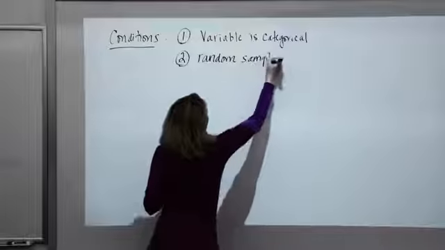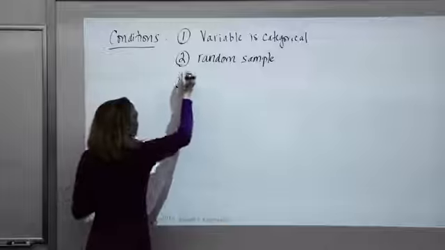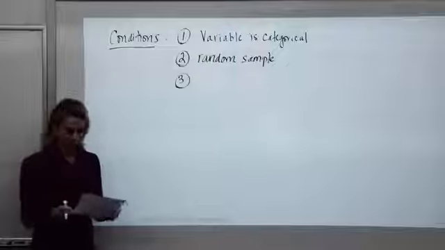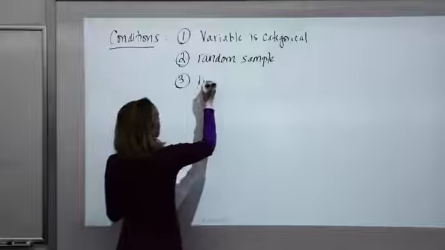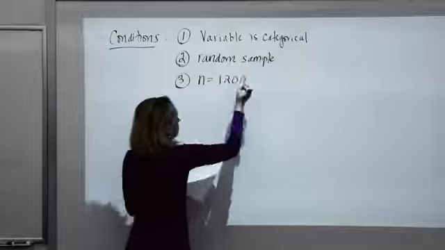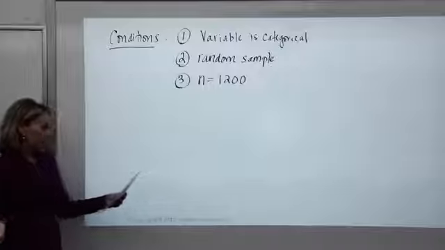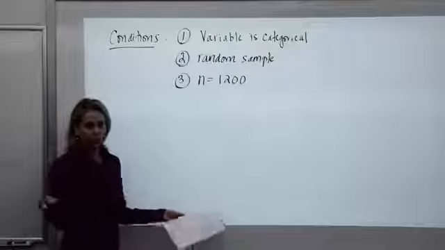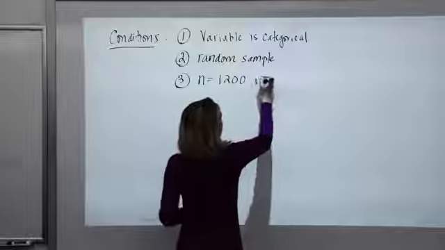So that condition's met. The third condition was that our sample size is less than 10% of the population. We sampled 1,200 adults that live in Maryland. That's certainly less than 10% of all adults living in Maryland.